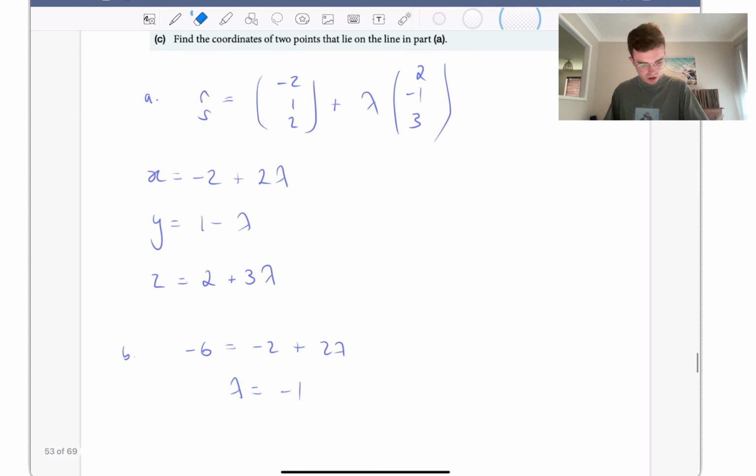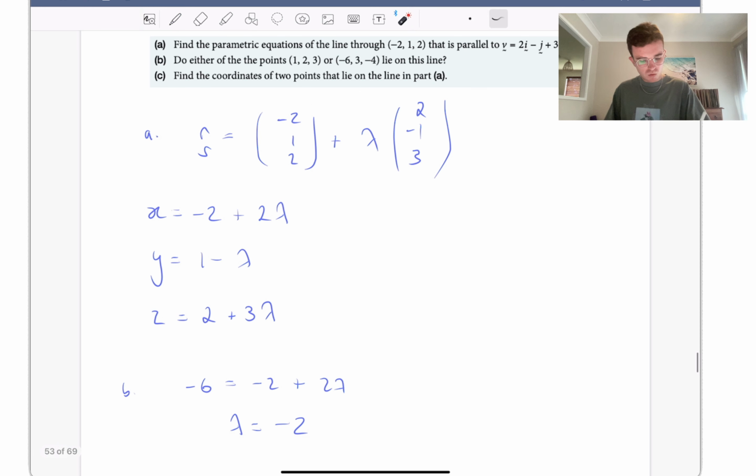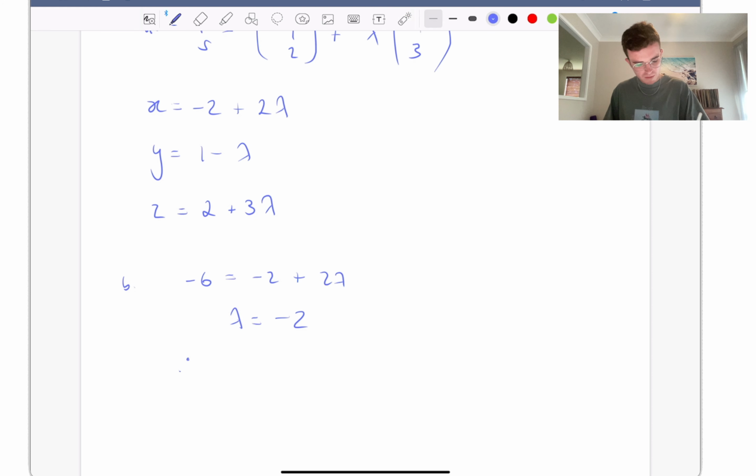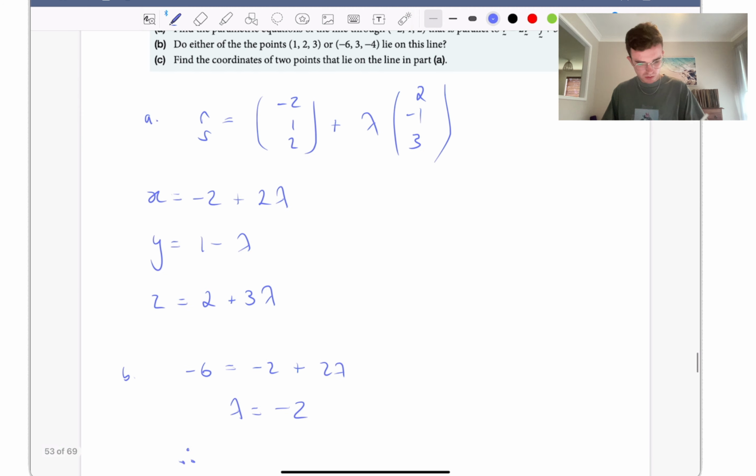Minus 2. So let's check. Does 1 minus minus 2 equal 3? Yes, it does. Does 2 plus 3 times minus 2 equal minus 4? 2 minus 6 is minus 4. So yes, therefore, minus 6, 3, 4 lies on the line.